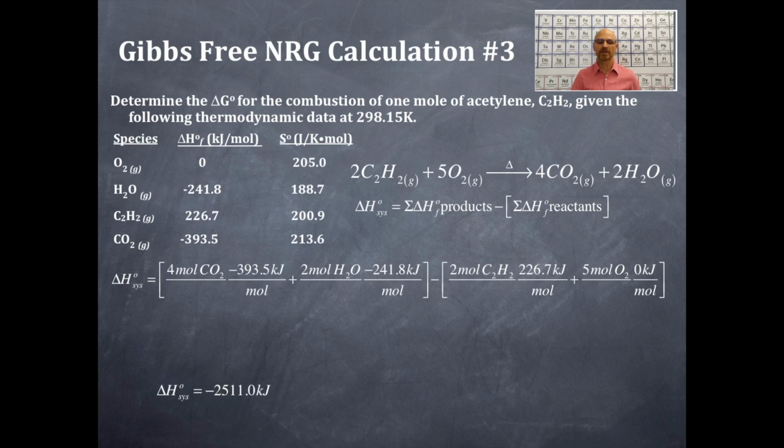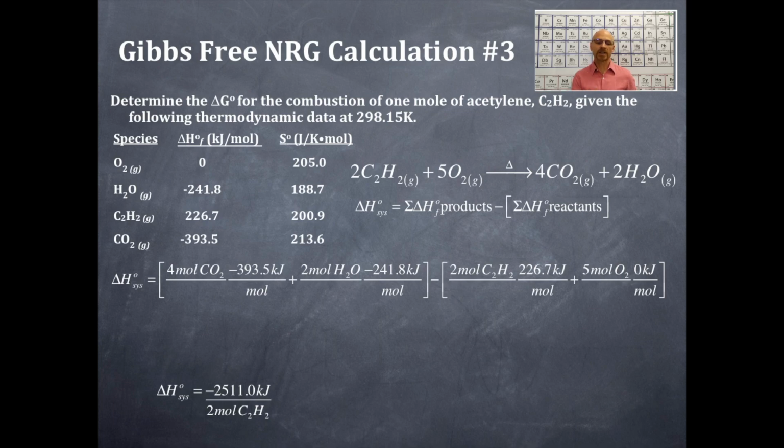2,511.0 kilojoules. So we're going to divide this by 2 moles of acetylene, excuse me, because the stoichiometric coefficient on the acetylene is a 2, and if you go back to the question of the problem, we're going to determine the delta H naught for the combustion of 1 mole of acetylene.